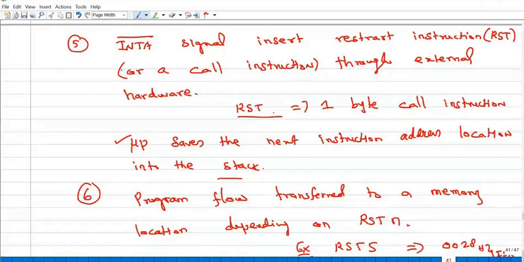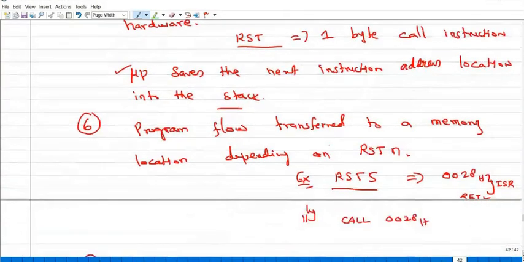Before executing the interrupt service routine for the corresponding restart instruction, the microprocessor saves the next immediate instruction address location in the stack memory. Then the program execution flow transfers to a particular memory location depending on the restart instruction. Say for example, if RST 5 is inserted, then the program execution flow will go to 0028H location.